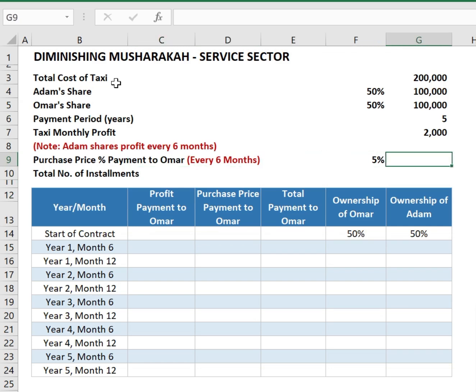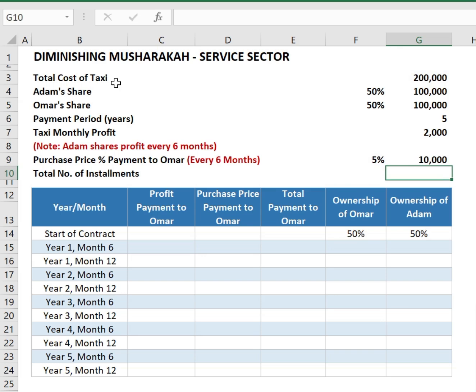The initial step is to calculate the purchase price based on the acquisition rate of 5% every 6 months. This is simply determined by the total cost of the taxi, 200,000, multiplied by the rate of 5%, and that is 10,000 pesos.